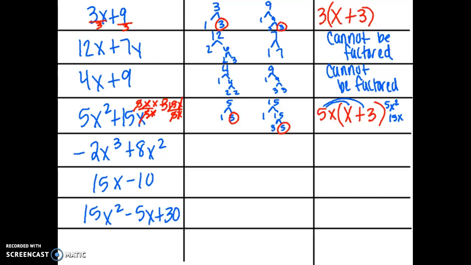All right, negative 2x cubed plus 8x squared. So I have 2 and 8. 2 can be factored by 1 times 2. 8 can be factored by 2 times 4. And 4 can be factored by 2 times 2. The biggest number that they have in common is 2.